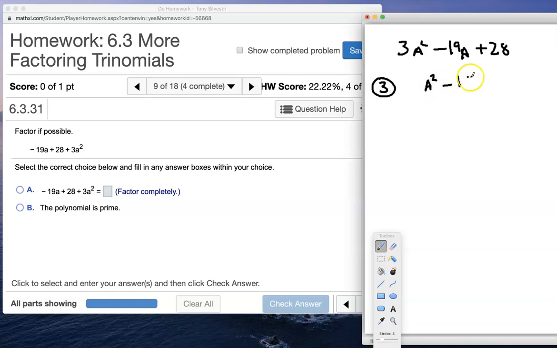You know, anything with an a squared, you have a chance of factoring. That should be a no-brainer at this point. But this time, what we have here is 3 times 28. Now, what's 3 times 28? 3 times 28 is going to be 84. Okay? 3 times 28 is 84.